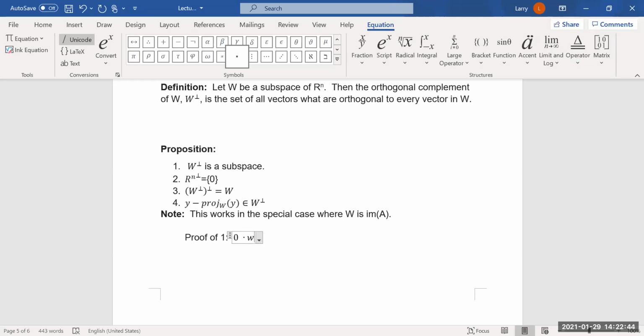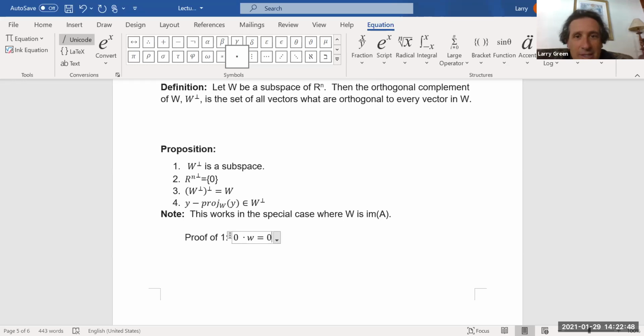What do you know? 0. 0, that's good. Because we want to show that 0 is orthogonal to every vector in W. Well, it is because 0 is orthogonal to everything. Do you agree? Yeah. So that was easy.